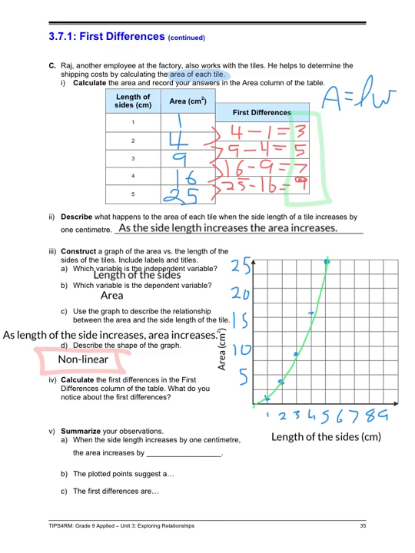If our first differences are not the same numbers, we can't say that they are constant. Instead, we have to say our first differences are not constant.